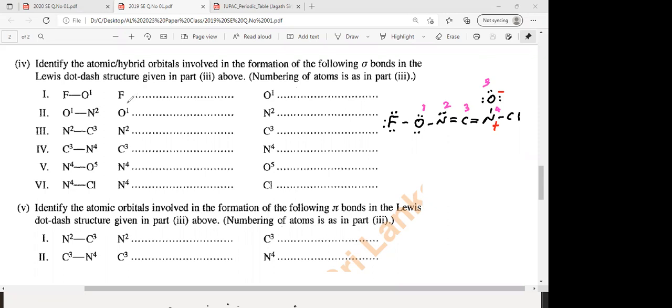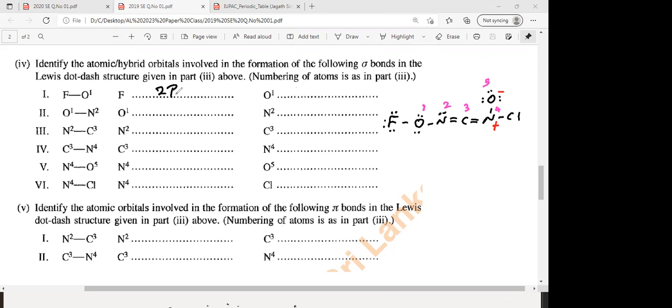Remember, for a terminal atom, there are two answers. There are two possible.